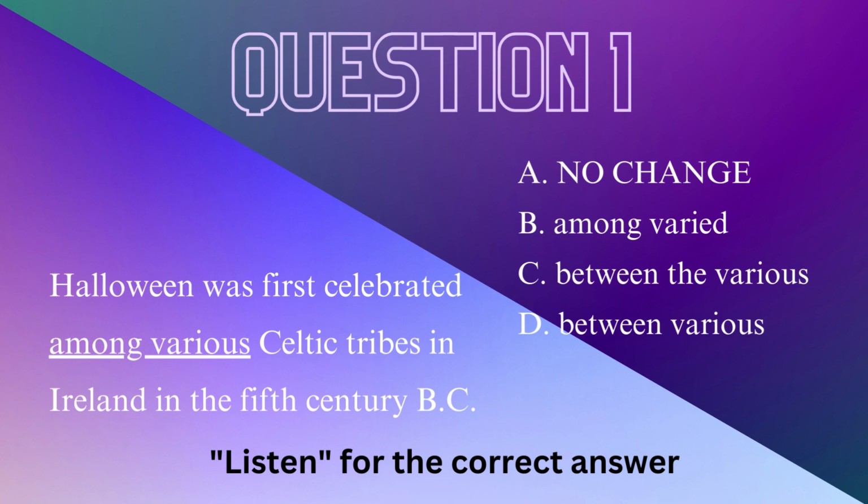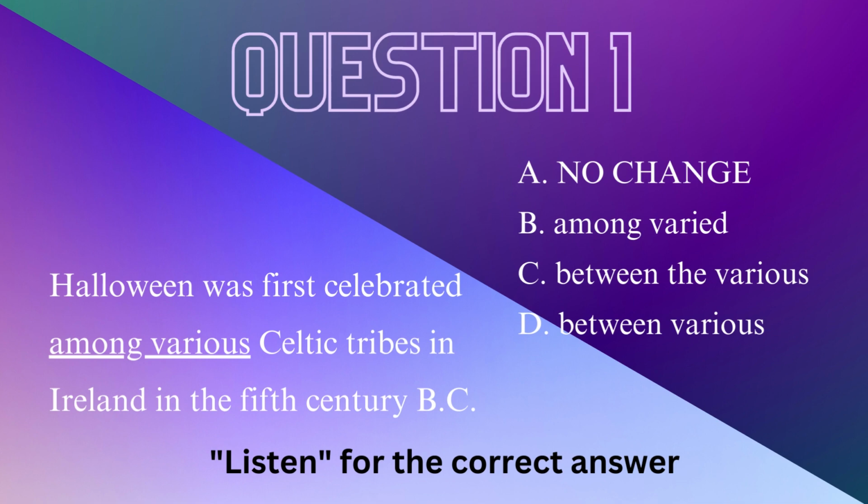So, if we said Halloween was first celebrated among varied Celtic tribes in Ireland, or maybe C, Halloween was first celebrated between the various Celtic tribes in Ireland, or D, Halloween was first celebrated among various Celtic tribes in Ireland.